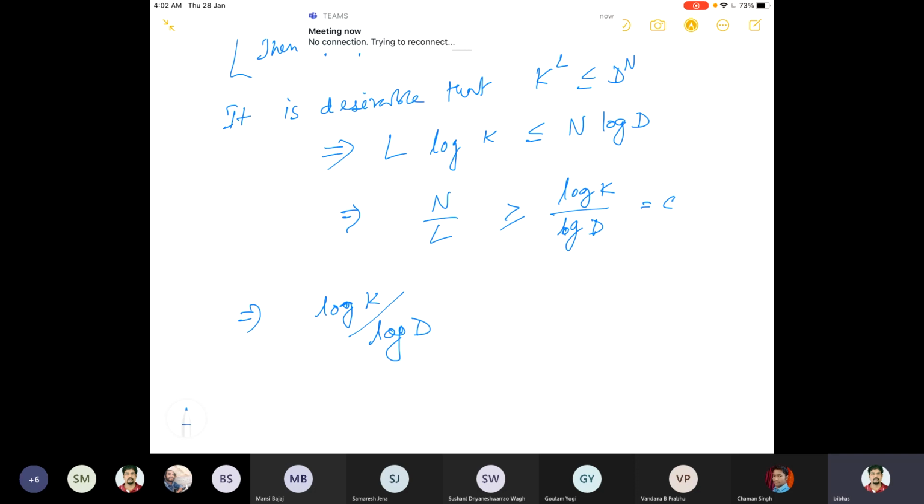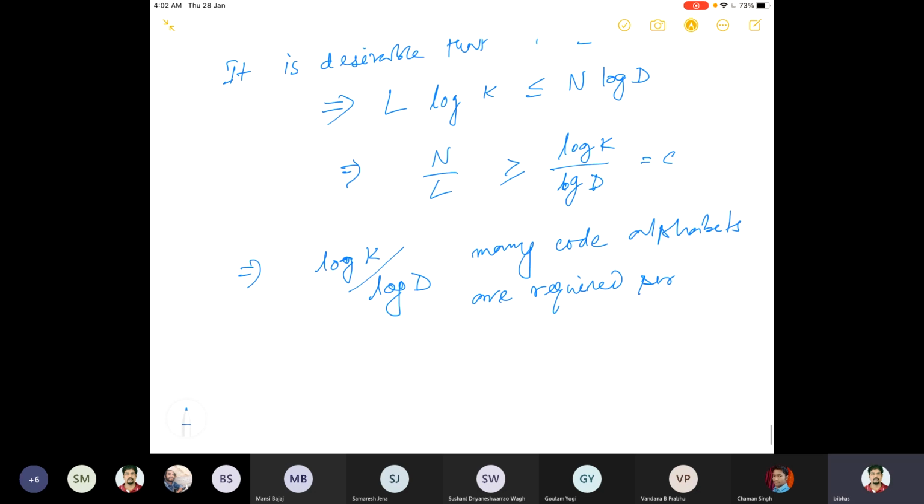So this implies log k by log D code alphabets are required per source letter.